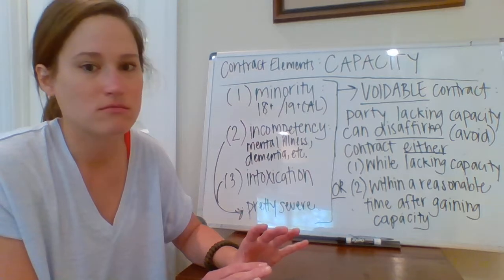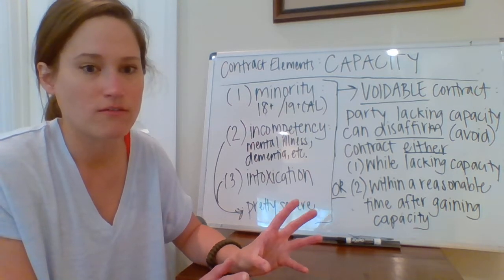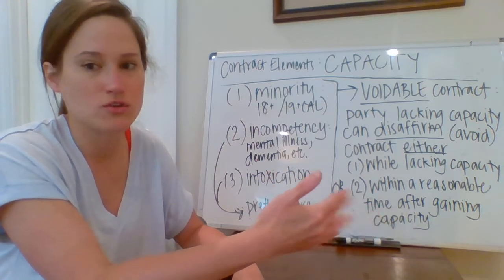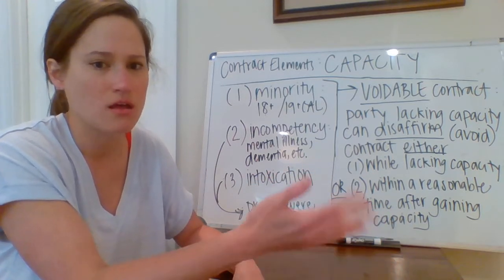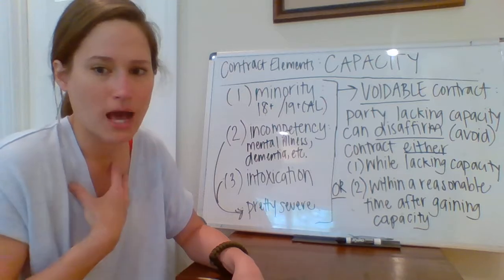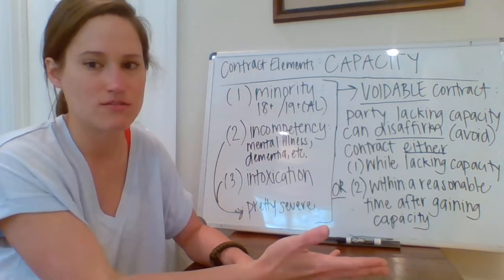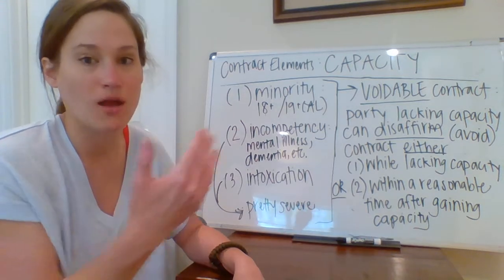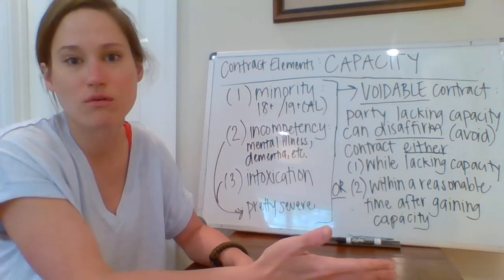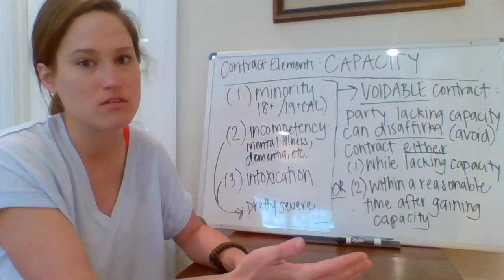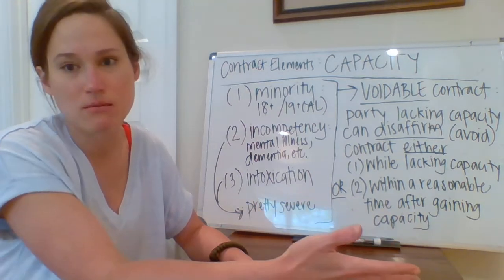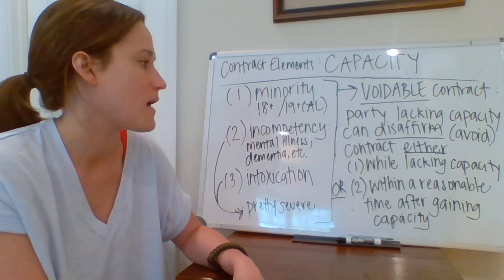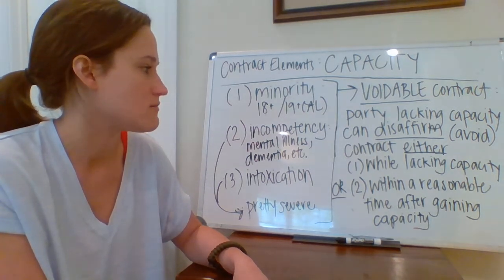So if it's the car dealership that I bought the car from, and there's no capacity issues on the dealership side, they can't raise my lack of capacity as any kind of a defense, there's nothing that they can do about it. Basically, if I want to go through with the contract and I'm perfectly happy with everything, they're not going to be able to get out of it based on my lack of capacity. So only the person lacking capacity has that option to disaffirm.